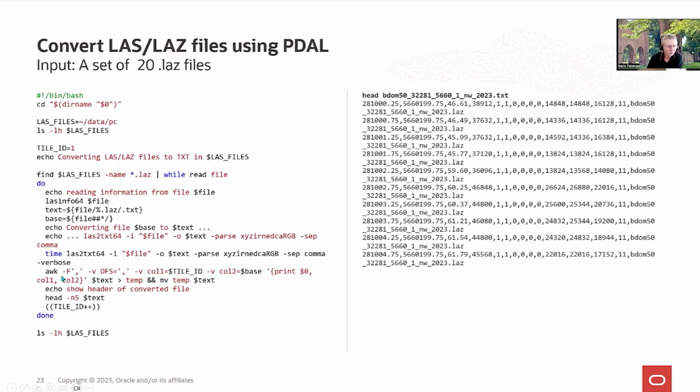And since I have these 20 data sets, I want to make sure that I can load everything into one table and identify which file the data is from. I've added two more columns here. I've created an attribute inside my Oracle database table, which is called tile ID, and it's just an incremented numeric value.